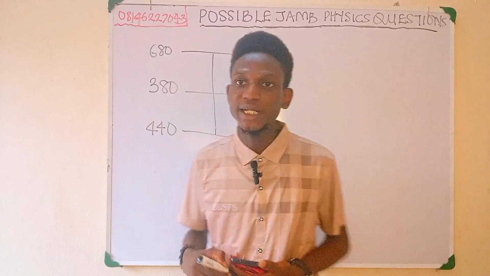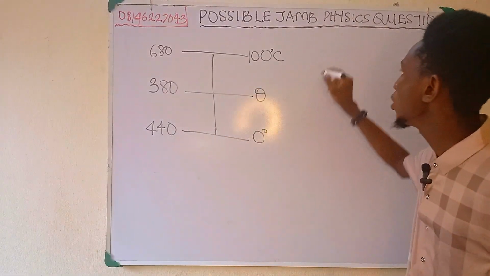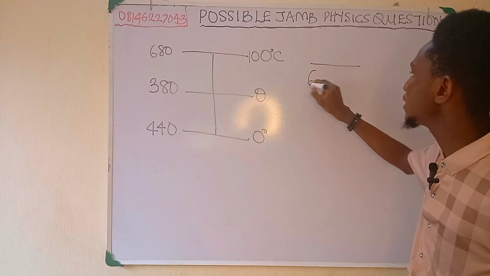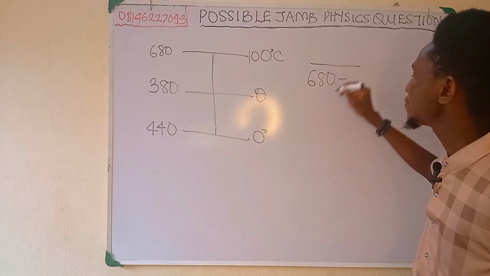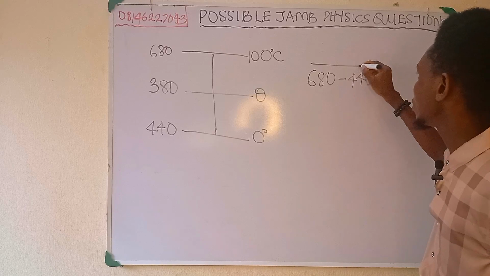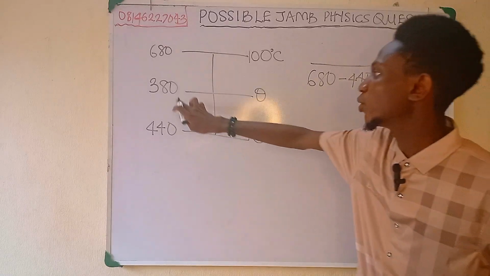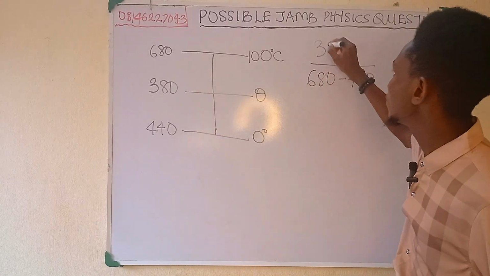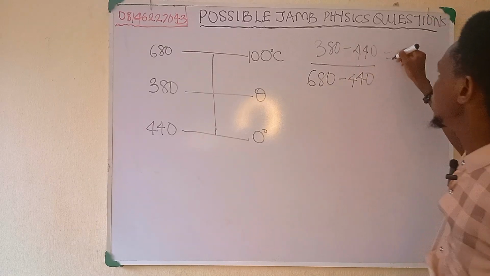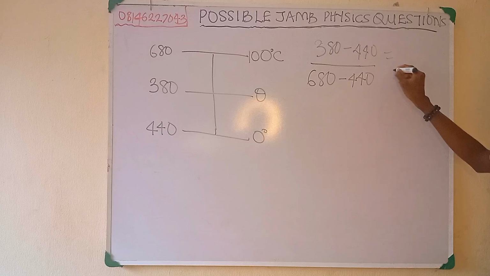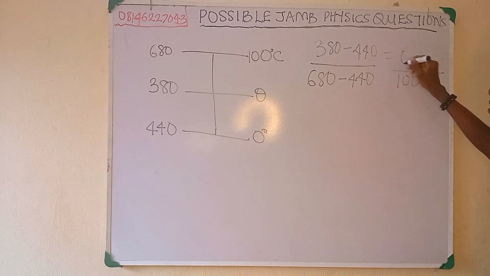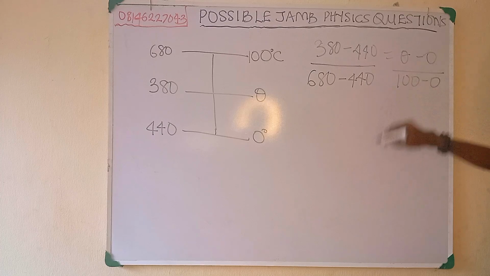So the way we solve questions like this, at the bottom, we are going to have 680 as the upper fixed point minus the lower fixed point, 440. Then the midpoint, 380 minus the lower fixed point, 440. Then on this side, same thing, we're going to have 100 minus 0. Then we have theta minus 0.